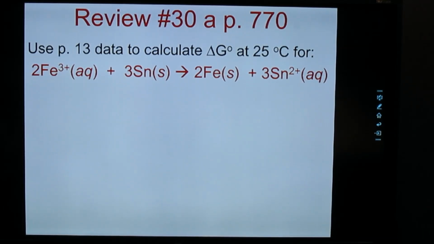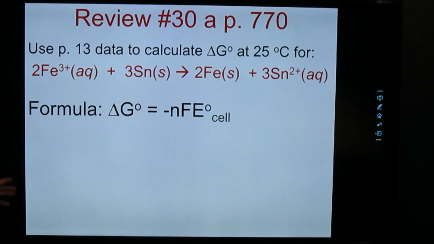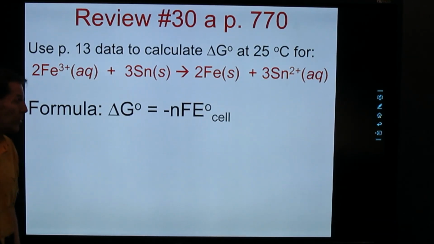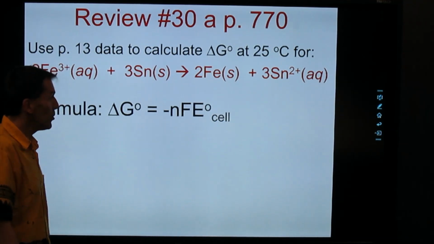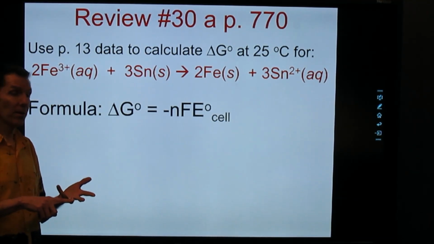And so this is where the electron counting that I asked you to do in topic 1 will come in handy. And so here's the formula. Delta G naught equals minus n, number of electrons moved, times Faraday's constant, times the voltage. So the two things you need to find are n and E naught cell.